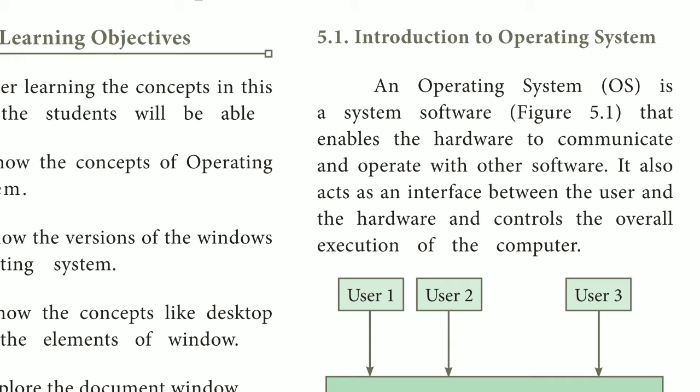The operating system comes under system software that enables the hardware to communicate and operate with other software. It also acts as an interface between the user and the hardware, and controls the overall execution of the computer.